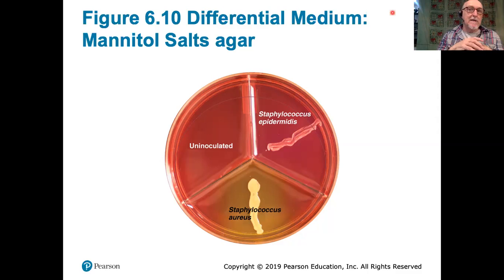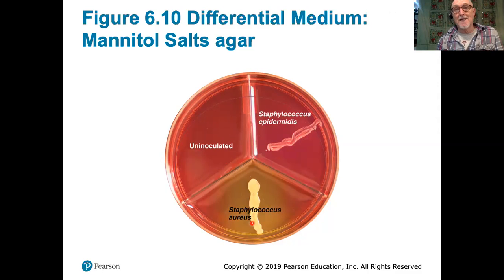But there are certain bacteria which can survive. And this is especially true of this group of bacteria, the Staphylococcus. Here we have Staphylococcus. In this experiment, they have not inoculated here. This is uninoculated. So the Staphylococci grow perfectly well on mannitol salts agar.